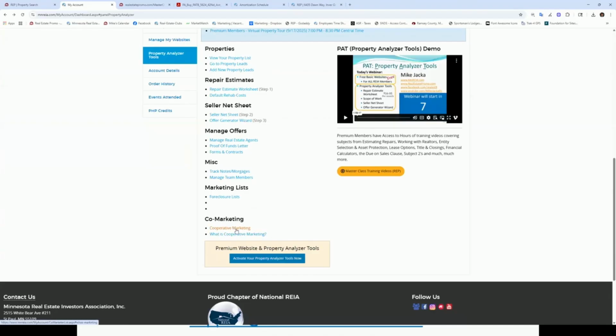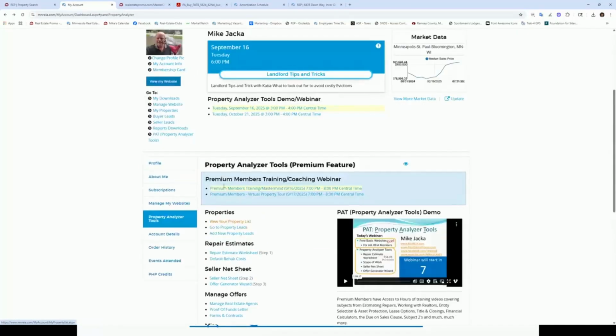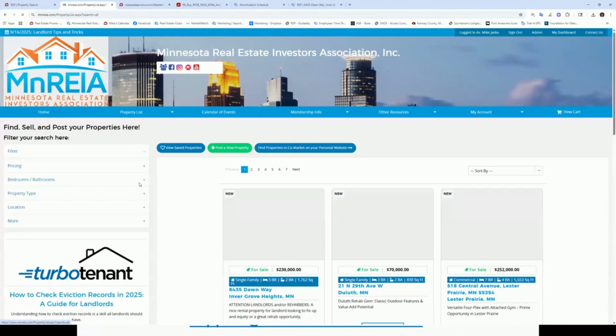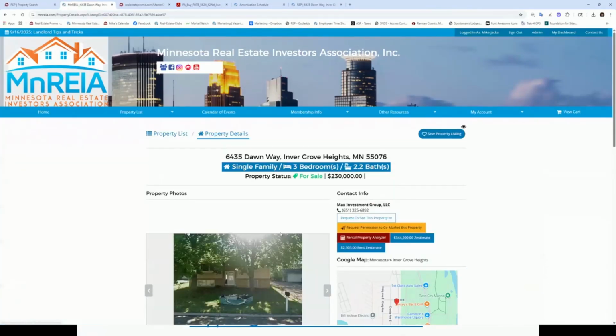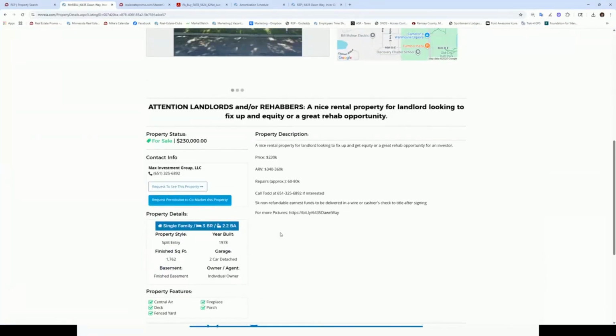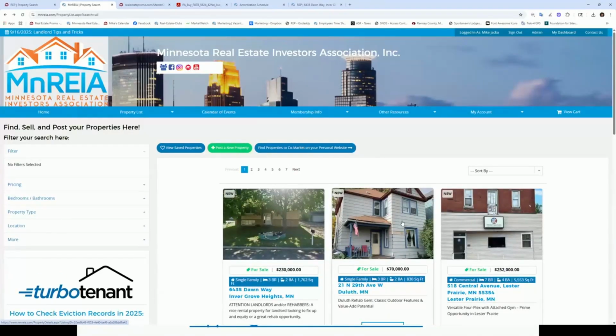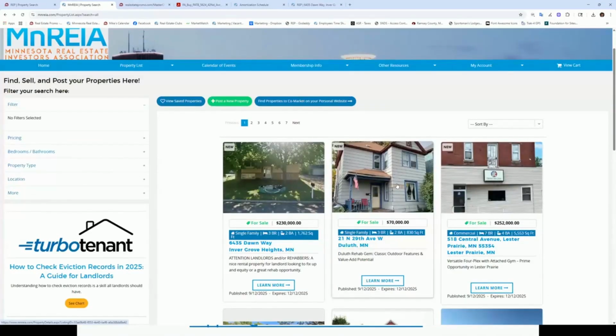There's also cooperative marketing, and cooperative marketing is the ability to advertise and market other people's properties. So, for example, if I go into the property list, looking for a property that maybe I would want to co-market.